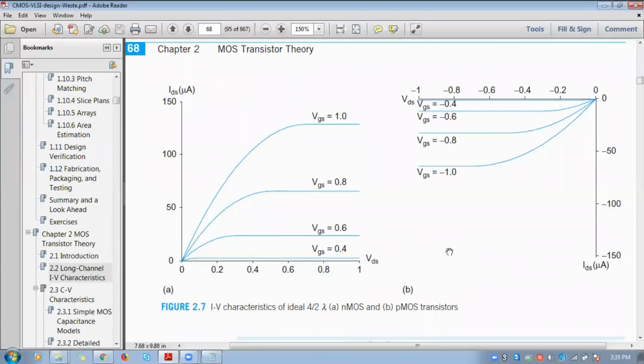So while combining these two, we have to choose the size of the pMOS twice that of nMOS, so that you will have more holes, or more positive charges, there. So we are able to balance the conductivity between nMOS and pMOS.